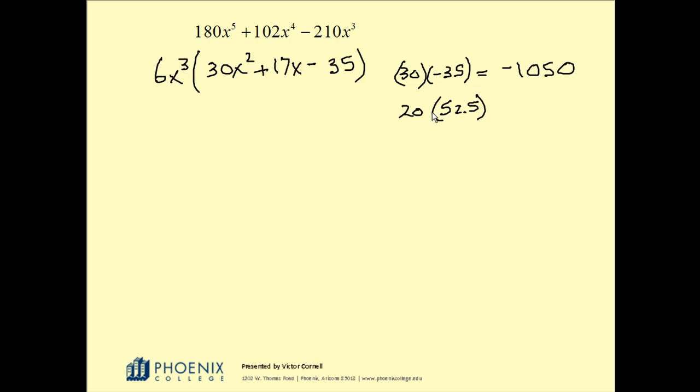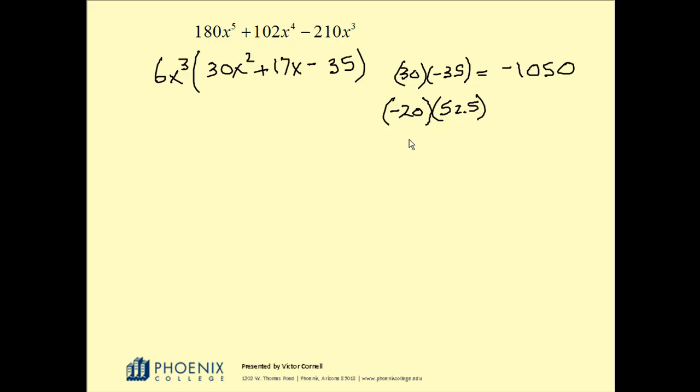One thing to look at is what signs would I have here? The middle term is positive, so you want the bigger number here to be positive.